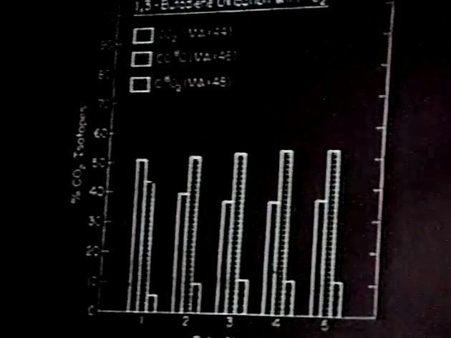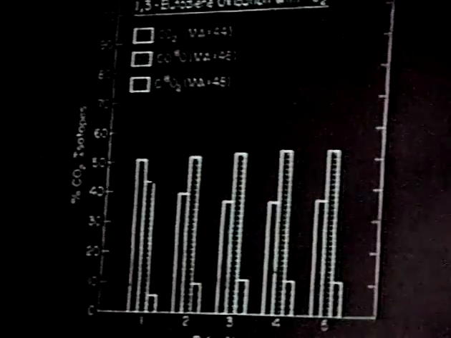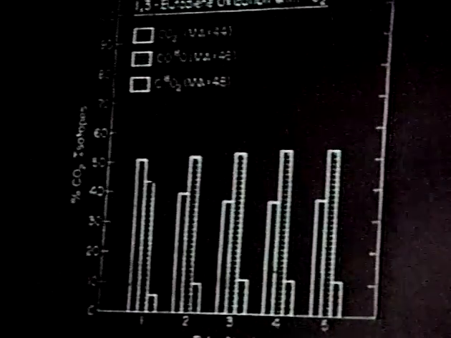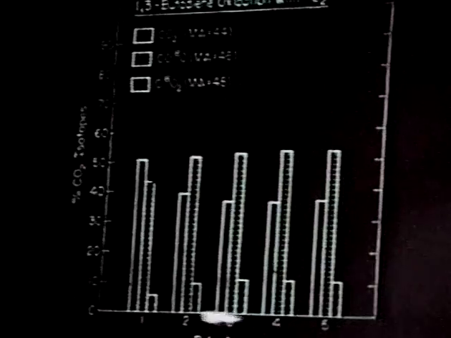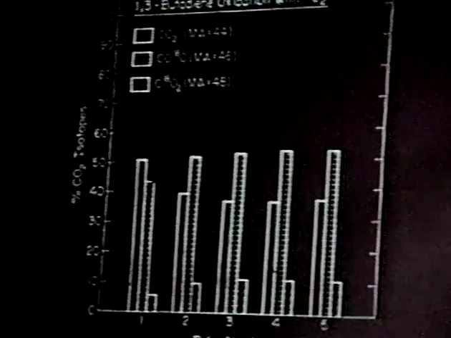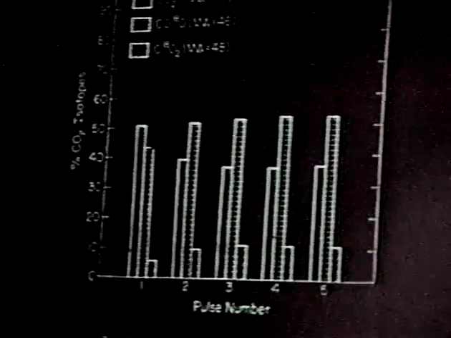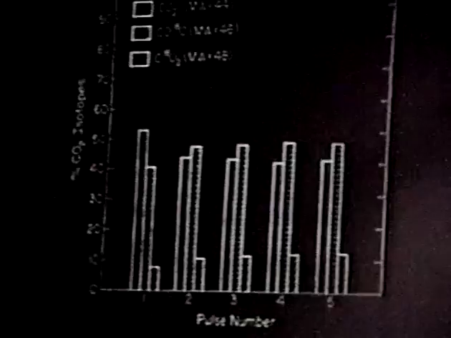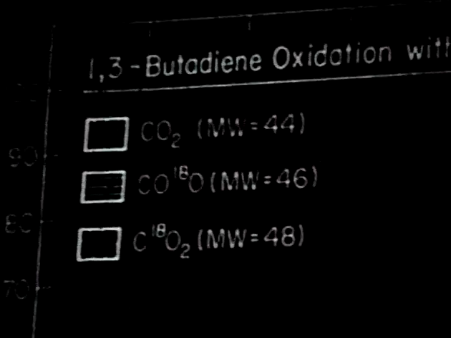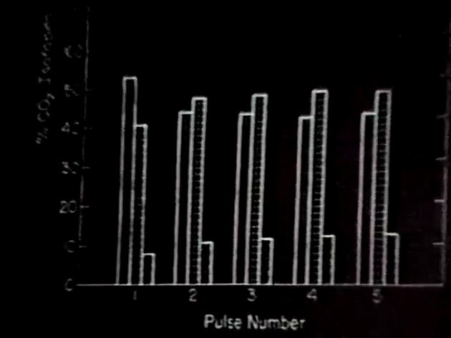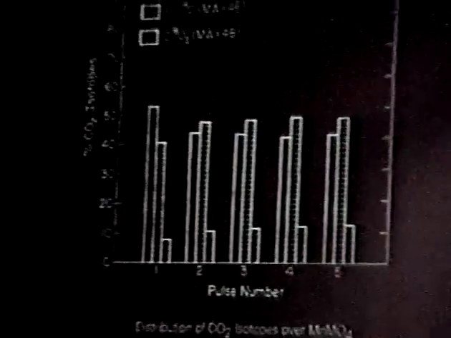The second largest percentage is occupied by carbon dioxide which has only oxygen-16 atoms, and the smallest, the shortest bars that you see here are the ones which contain two oxygen-18 atoms. The behavior remains the same over the manganese molybdate catalyst, although the isotopes for carbon dioxides with molecular weights 44 and 46 are somewhat closer together.